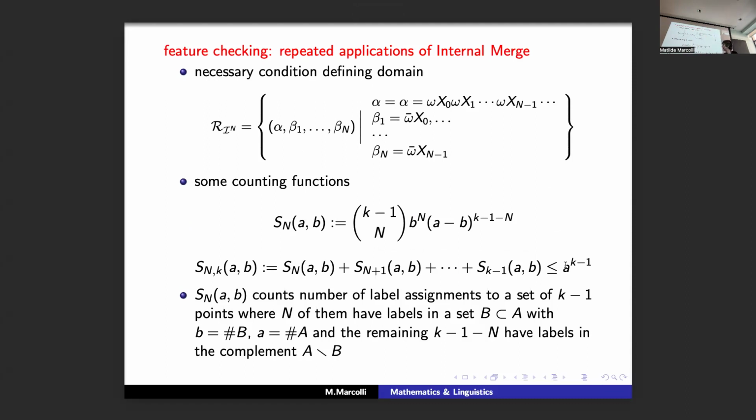Then this again you can count, introduce some kind of counting function that does this, where you look at all the possible label assignments, where not all of them are in the complement of the set that you want when you want to find the match. And this is describable in terms of this kind of recursive formula where you add this term.